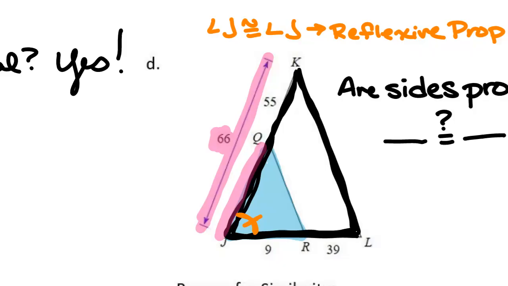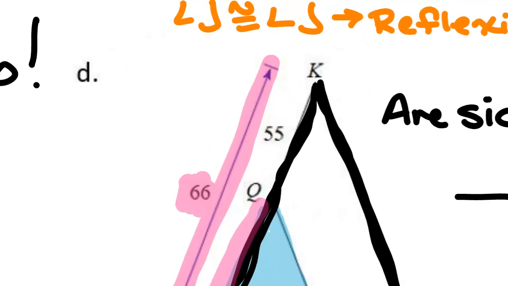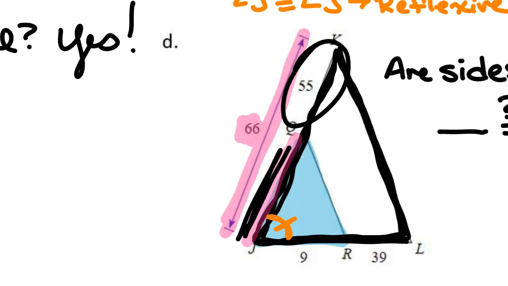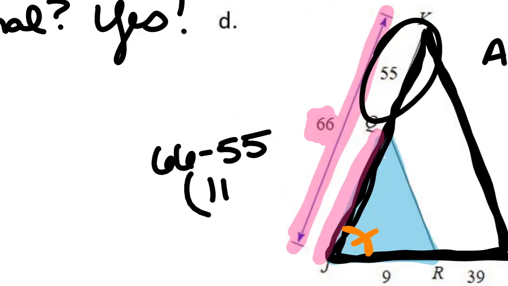Do I have the ability to figure out how big it is? Yes, I know the whole thing is 66, and I know this much up here is 55. So how big is this part right here? Yep, 11. 66 minus 55 gives us 11.